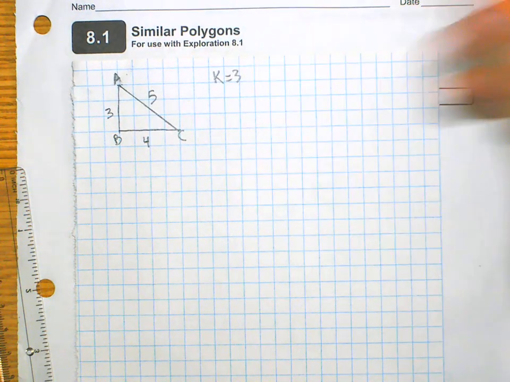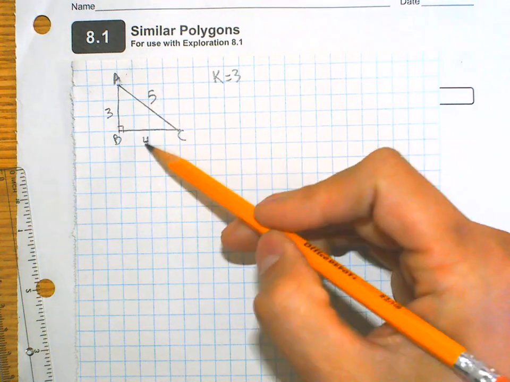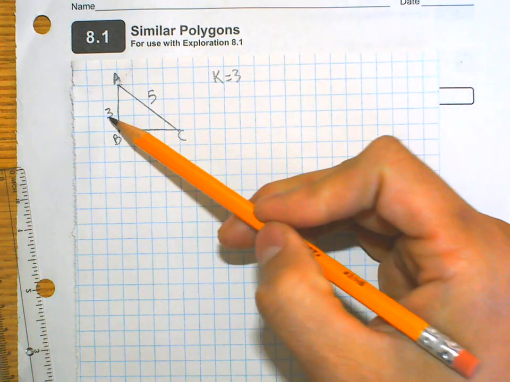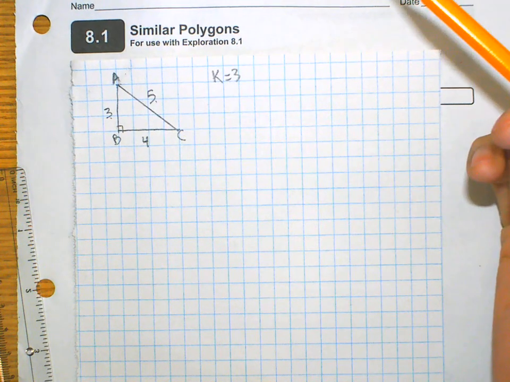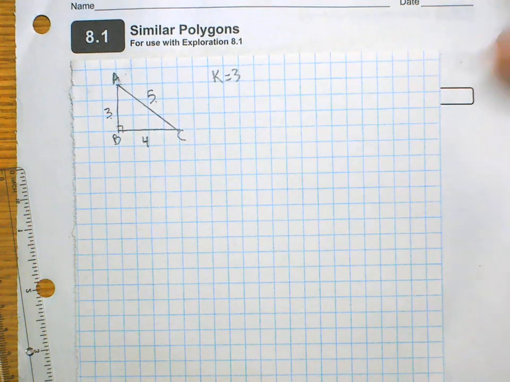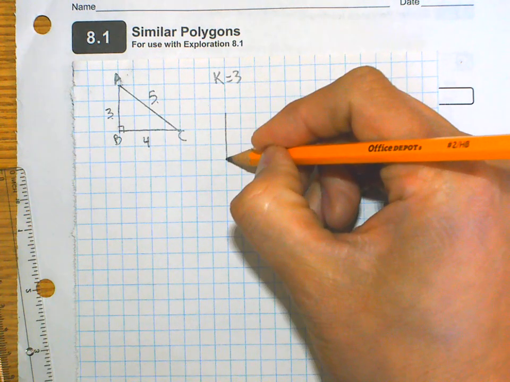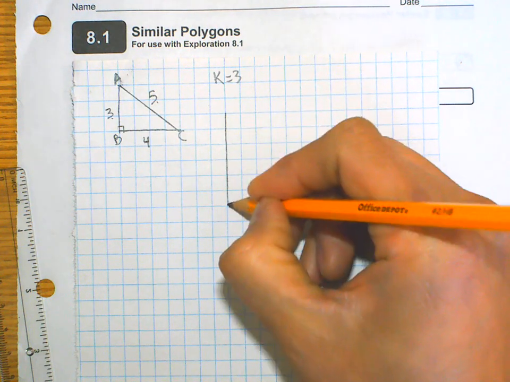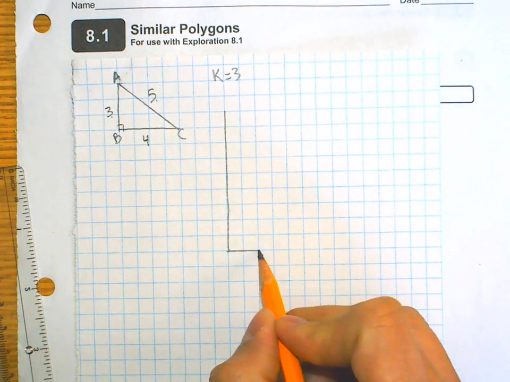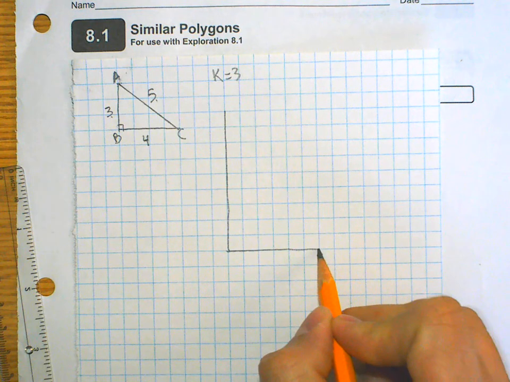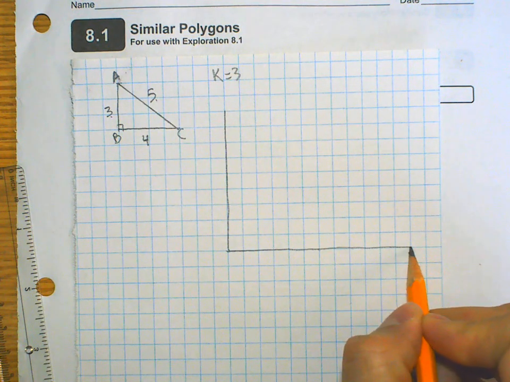That means that I want a right triangle that is going to have the same measurements but multiplied by 3, meaning a 9 by 12 and then hypotenuse of 15. So right here, hopefully I have enough space. I'm going to have 3, 6, 9, and then 12 this way. 2, 4, 6, 8, 10, 12.